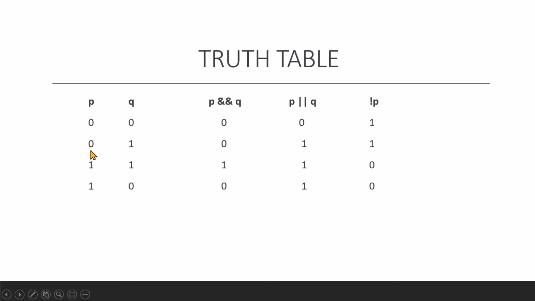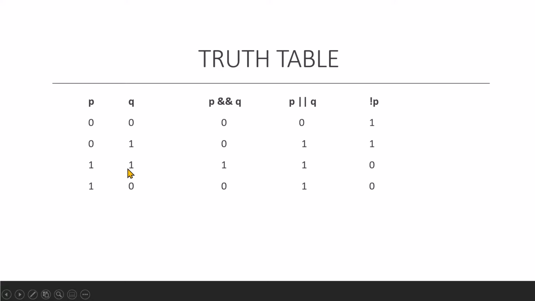In the next one, P is false, Q is true. P and Q is false. Why? Because both of these need to be true for P and Q to be true. P or Q is true because one of them needs to be true for this condition to be true. Is P false? Yes, it is, and therefore it prints out true.